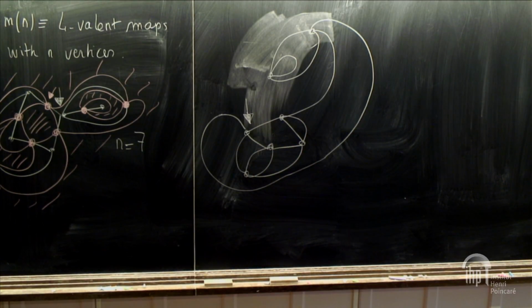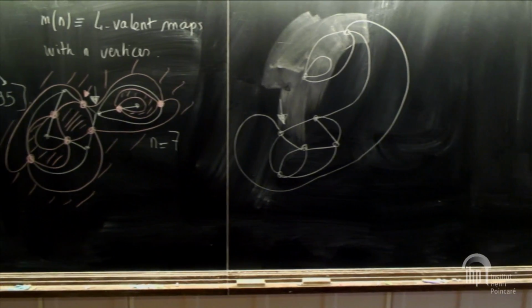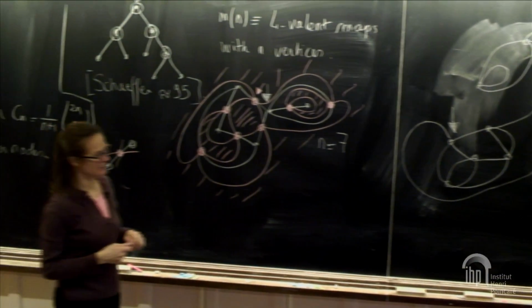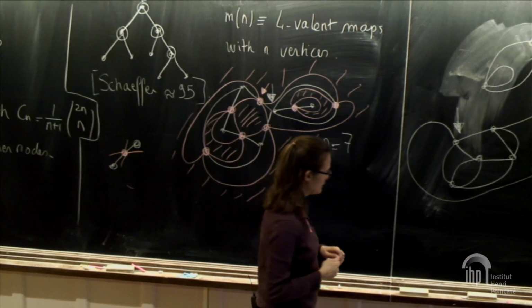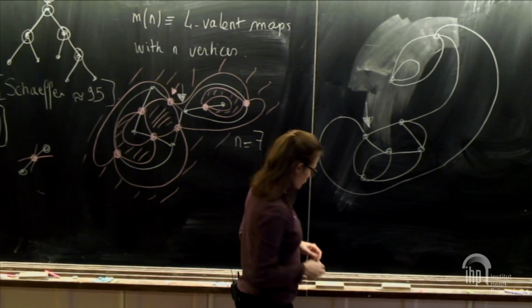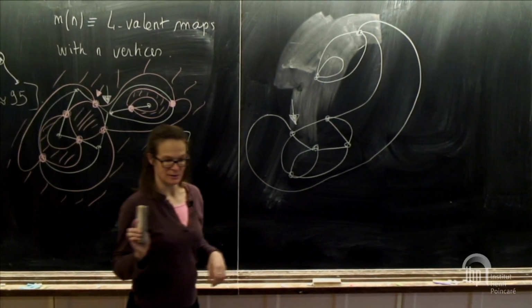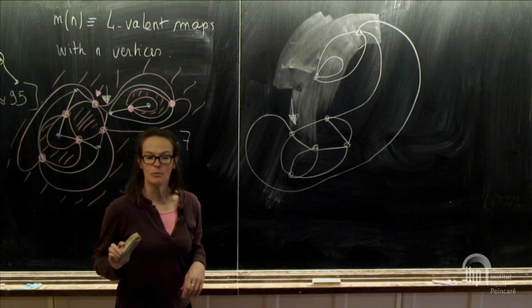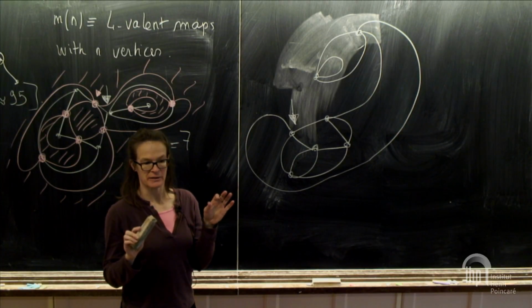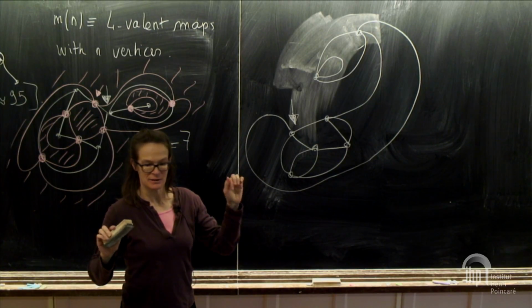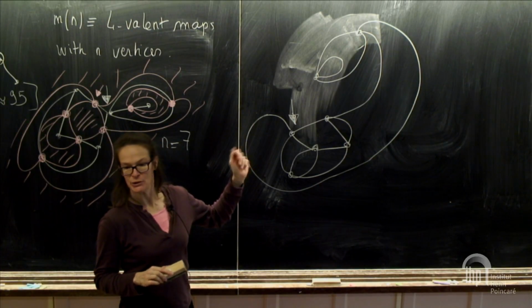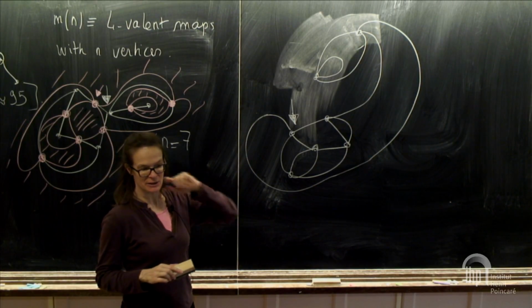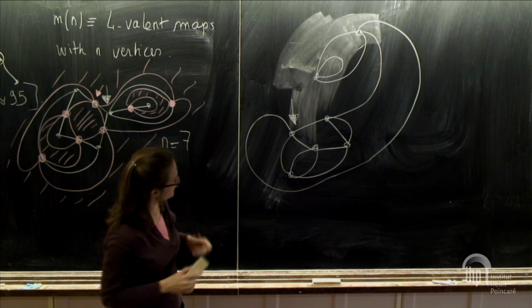Okay, and I want to build a tree from that. So the difference between maps and trees is that a tree has a single face and a map may have several faces. So what I want to do is to take this and open some edges, cut them into 2 half edges to create fewer and fewer faces until I get a single face, hence a tree.